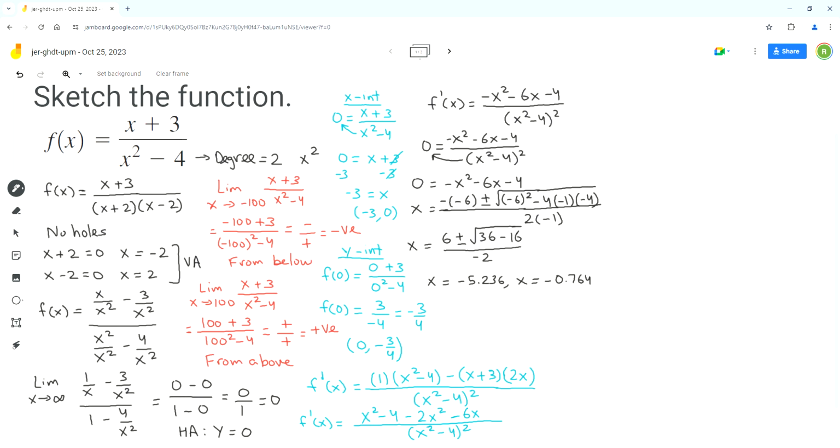So these are the two critical numbers at which the derivative is equal to 0. Now we can sub in these x values in the given function to find the y values so that we have the critical point.